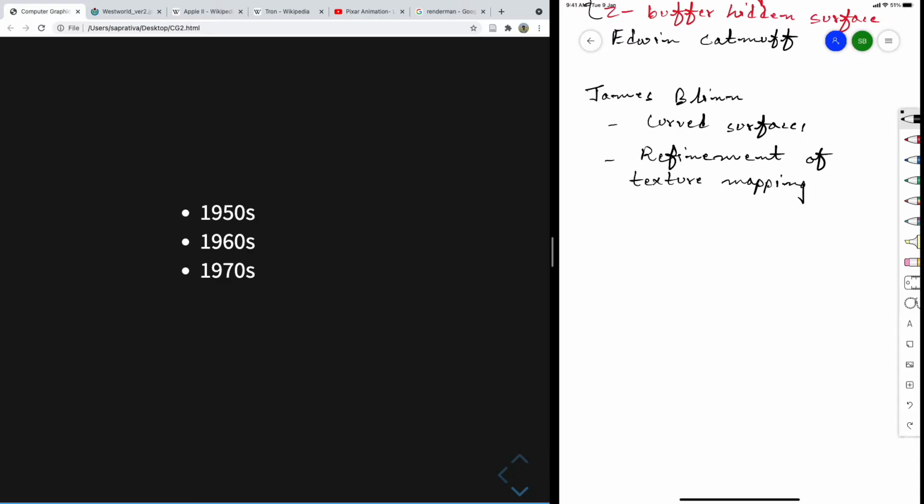A third person in the same year 1974, called Bui Tuong Phong, released the algorithm for specular highlighting.